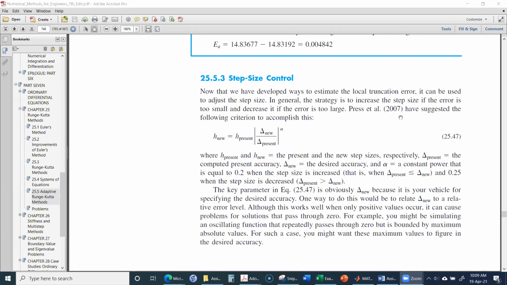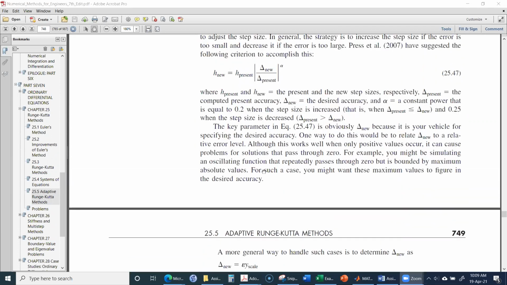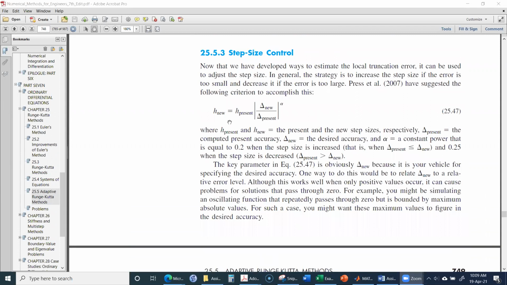2007, in the book by this author. They have suggested these values, which are most likely empirical. The effect of using these values is that where the function changes smoothly, we will be able to increase the step size.